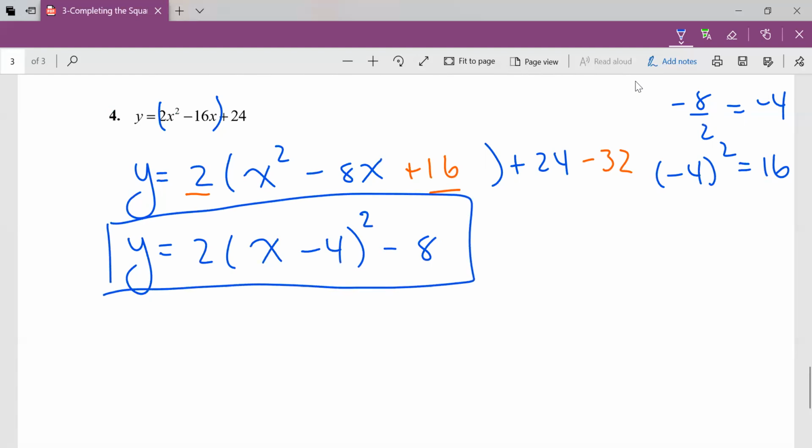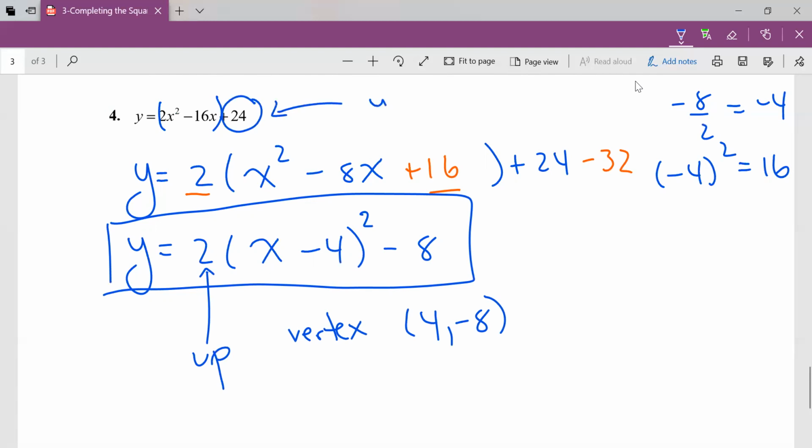And my friends, there it is. Now we're in vertex form. And now that we're in vertex form, look at all the things you can tell me. Most importantly, you can tell me the vertex is at 4, negative 8. You can tell me this graph is opening up. If I go back and look at the standard form for a second, that 24 right there is the y-intercept.